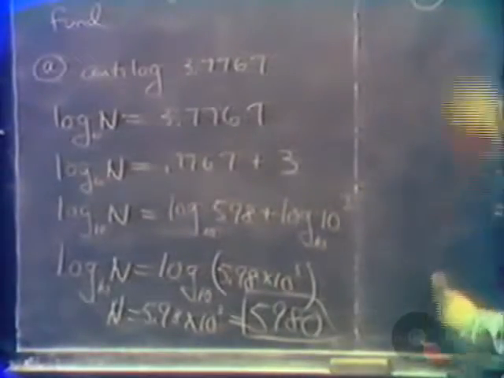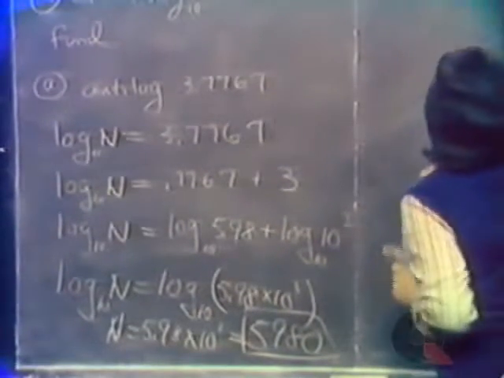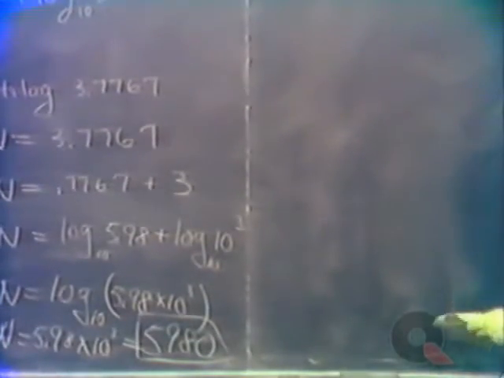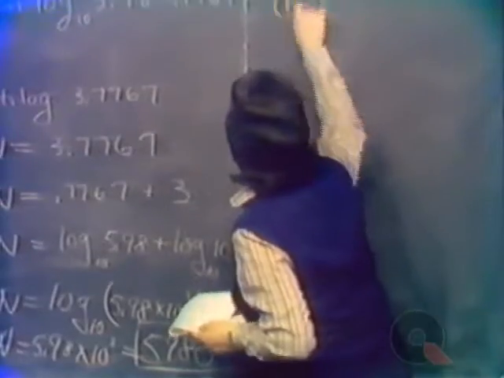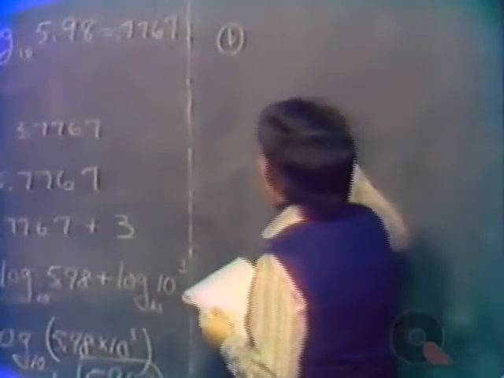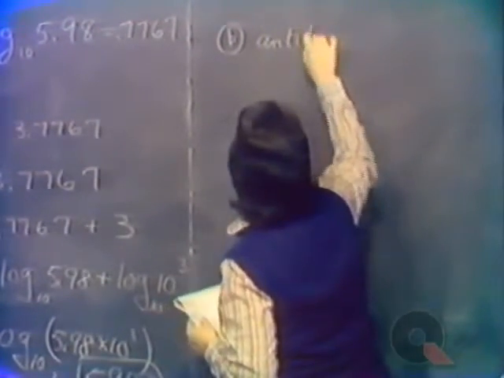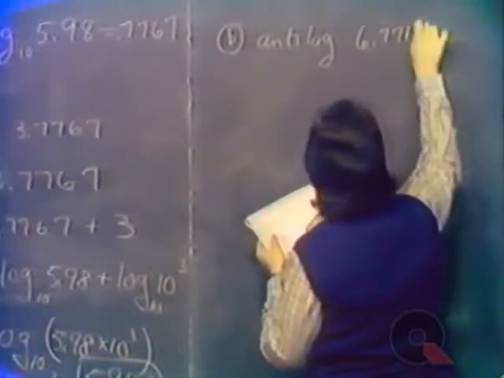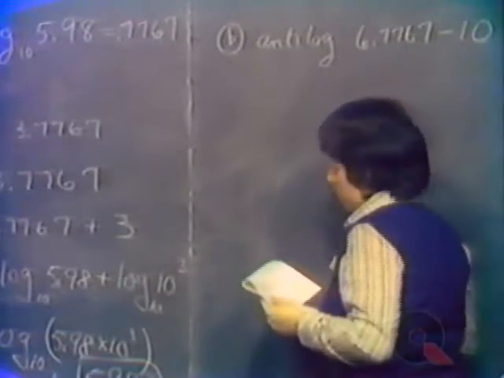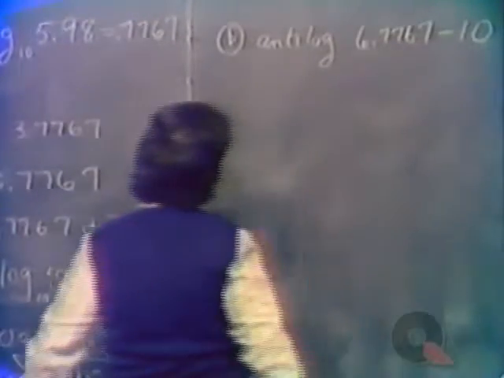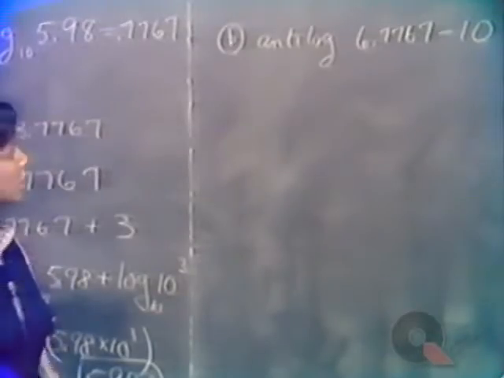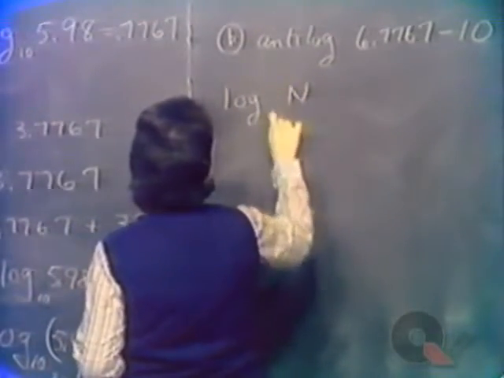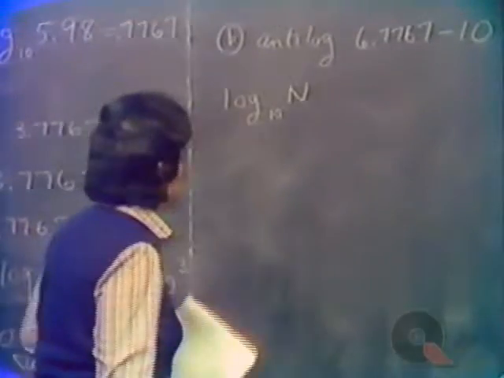Okay, and I would like to finish off with another antilog example. Okay, in part B, I want the antilog of 6.7767 minus 10. Okay, so we'll say the log of n, base 10, is this.